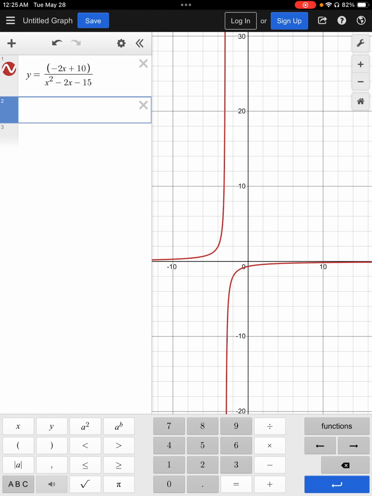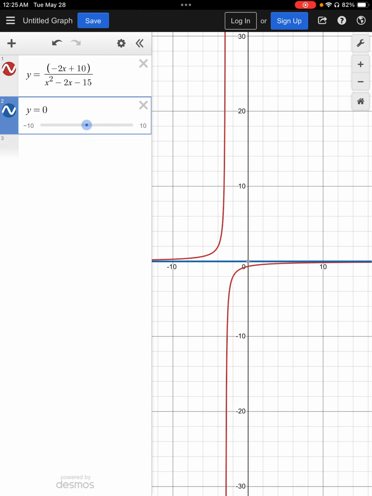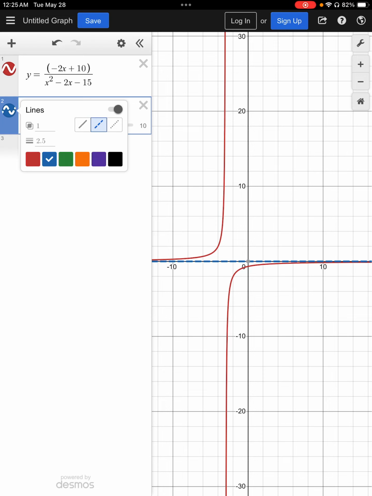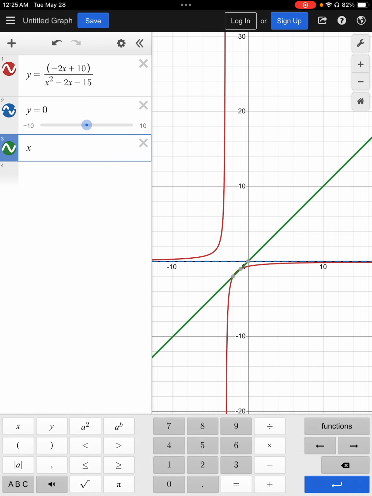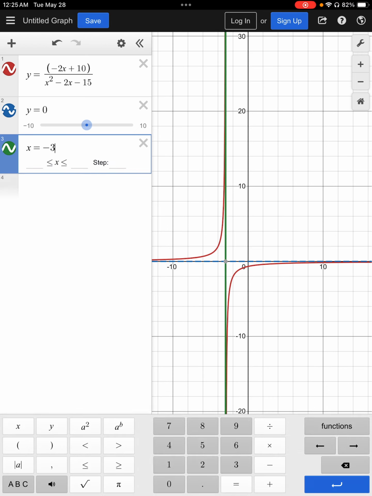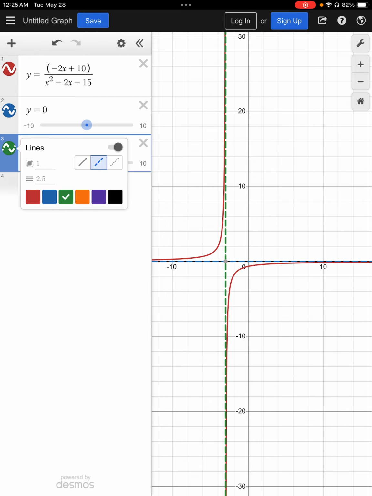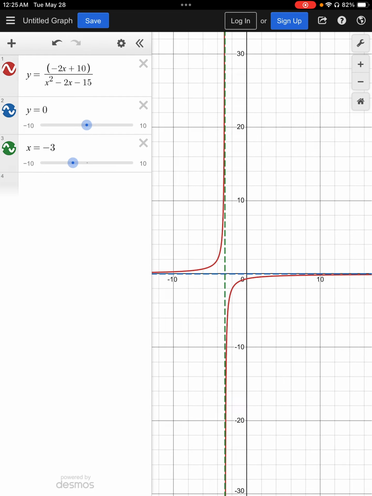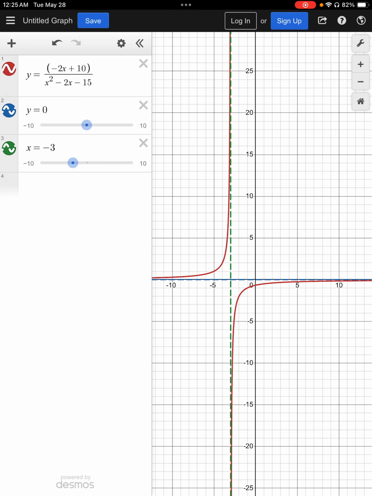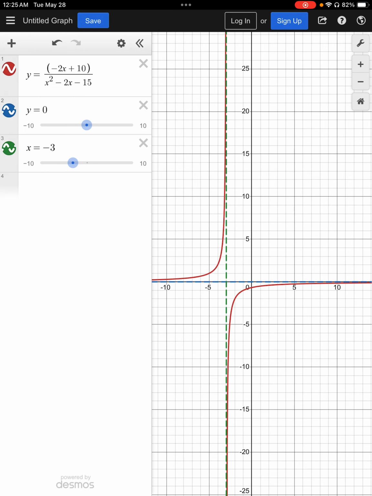If I type in y equals 0, it looks for sure like that's an asymptote. It gets really close. If I type in x equals negative 3, definitely looks like the graph gets really close but doesn't touch. So those pieces look good, and it looks like it's on the bottom and the top.